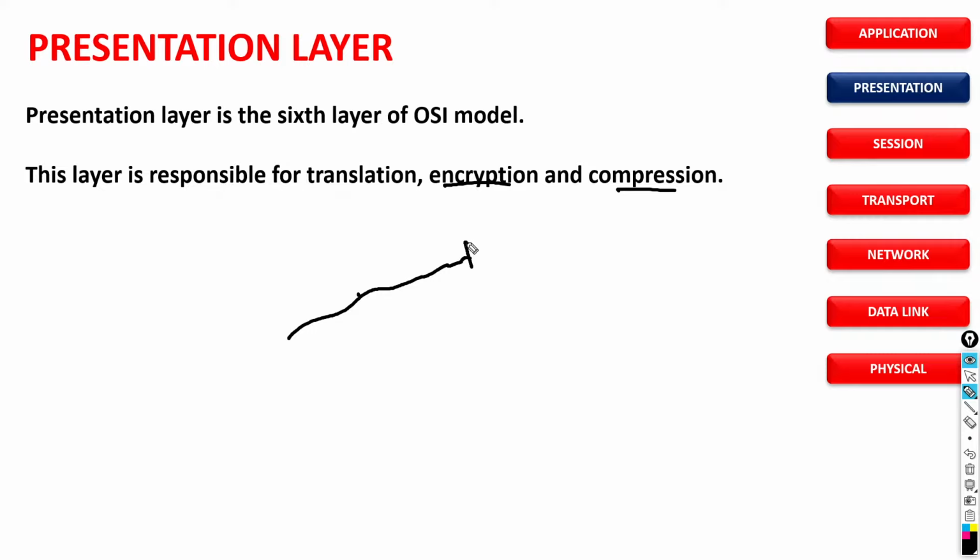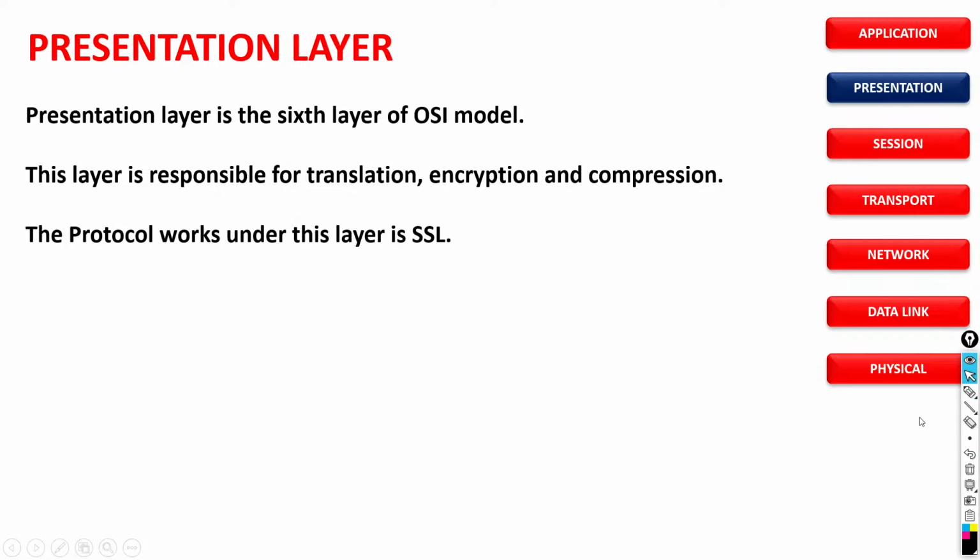So the presentation layer encrypts the data so that nobody can steal it from your system, and it also compresses the data so that it can be sent to the destination easily and in a faster way. The protocol that works under this layer is SSL. What is SSL? Secure Socket Layer.